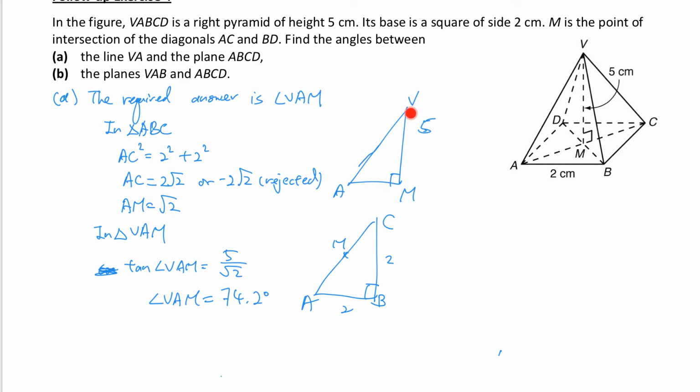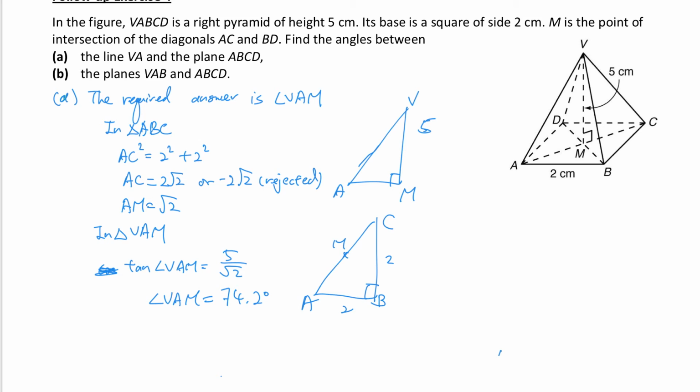So consider triangle VAM. I have VM only. That means you need to find AM or AC. The given information is the length of the square. In this follow-up exercise, I want to use another way to find AM. I know M is the midpoint of AC, so I can consider triangle ABC.